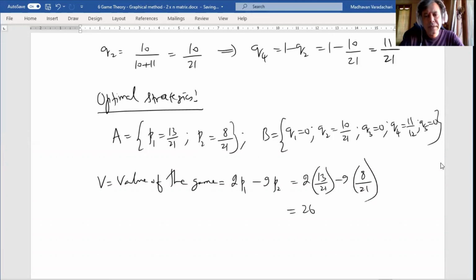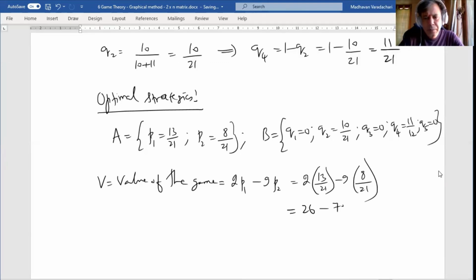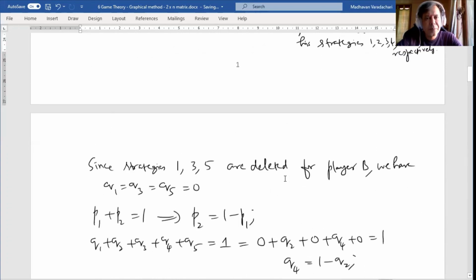So this is 26 minus 9 8s are 72 by 21. So we may know that the value is minus 46 by 21. A negative value means it is actually favoring player B instead of favoring player A.